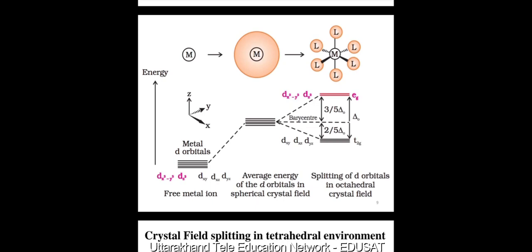The first state represents degeneracy, the same energy of all the five d orbitals in the isolated central metal ion. The second state represents hypothetical degeneracy of all the d orbitals at a higher energy level, assuming that ligands uniformly affect the electrons in the d orbitals of the metal ion. The third state represents crystal field splitting. The crystal field splitting is generally measured in terms of the parameter Dq, and by convention delta naught is taken to be equal to 10 Dq.